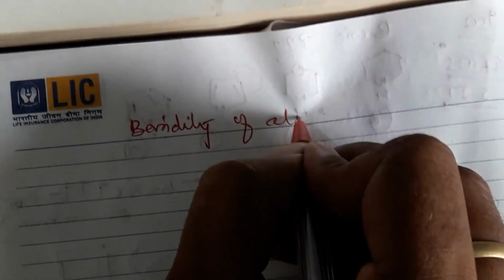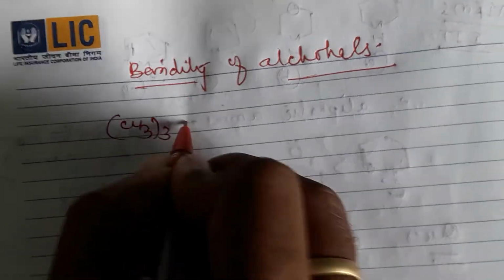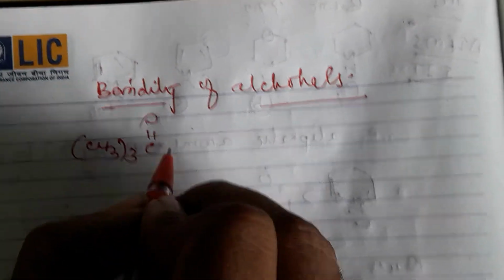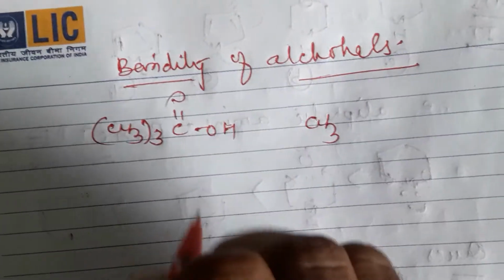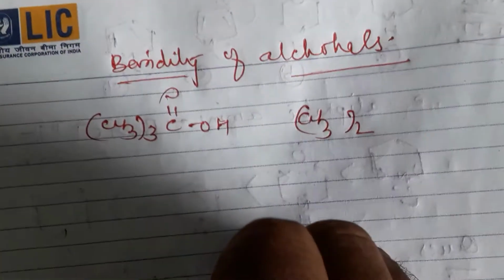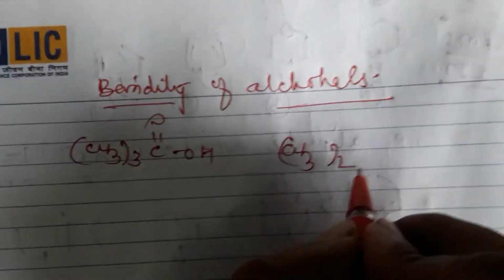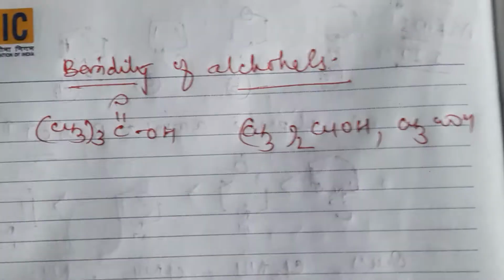Before this I explained the basicity of amines; I can also explain the basicity of alcohols. Suppose this is (CH3)3COH, then Cl3CHOH, then CH3OH. So what is the basic strength order?